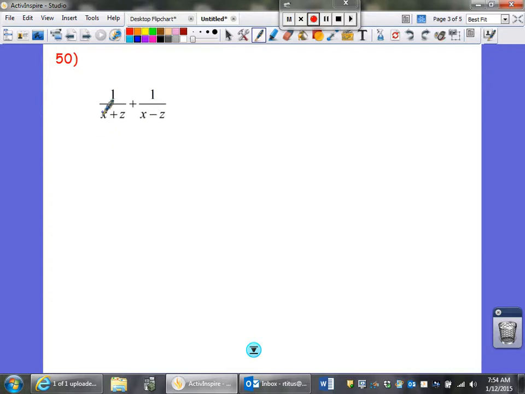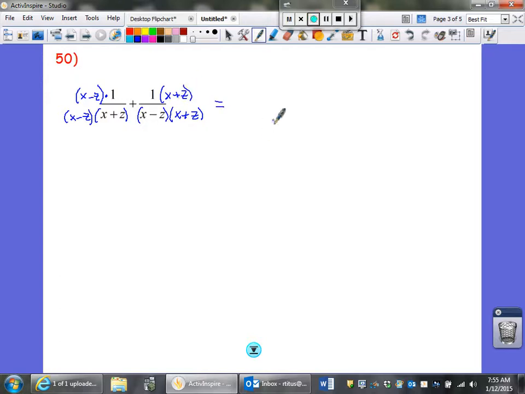There's no other choice. What that means is this fraction needs entirely x minus z, both numerator and denominator. This fraction needs entirely the x plus z, both numerator and denominator.